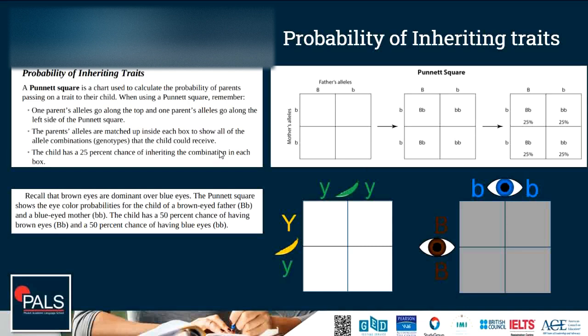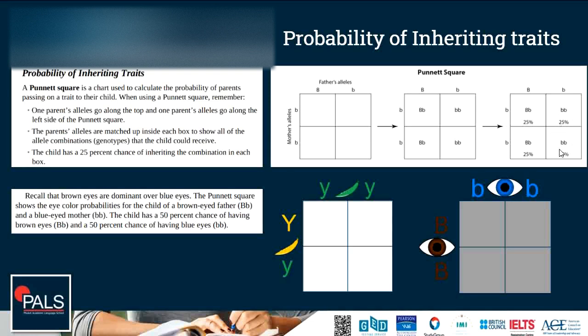Recall that brown eyes are dominant over blue eyes. The Punnett square shows the eye color probabilities for the child of a brown-eyed father, we said that already, big B, small b, and a blue-eyed mother, small b, small b. The child has a 50% chance of having brown eyes and a 50% chance of having blue eyes.